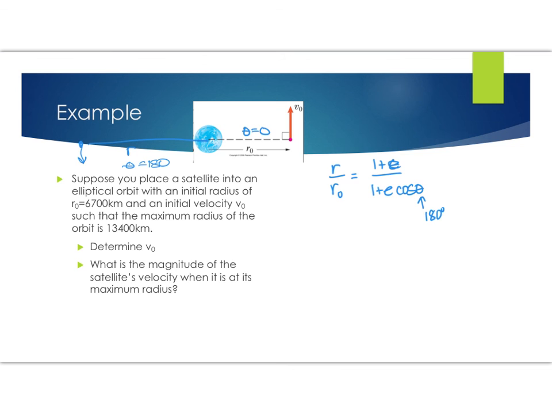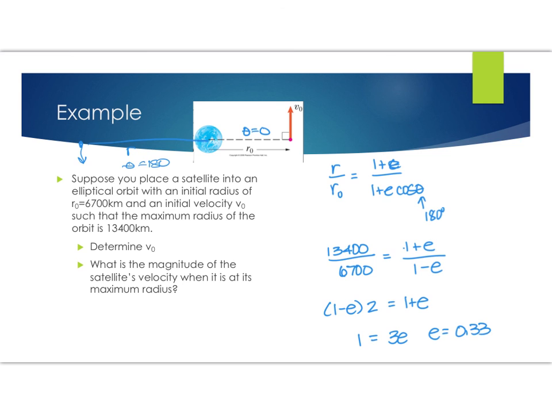We're going to say our R that we're looking at is 13,400. Start at 6,700. 1 plus E over 1 minus E. And we find that our eccentricity of our orbit in this case is 0.33.